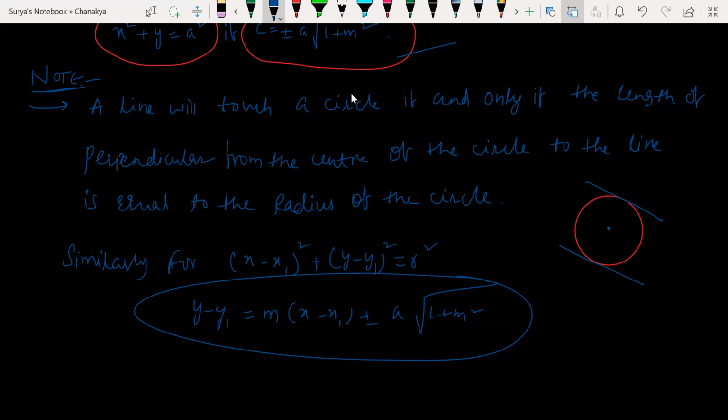A line will touch the circle if and only if the length of the perpendicular from the center of the circle to the line is equal to the radius. Look, the perpendicular will be this, this perpendicular.